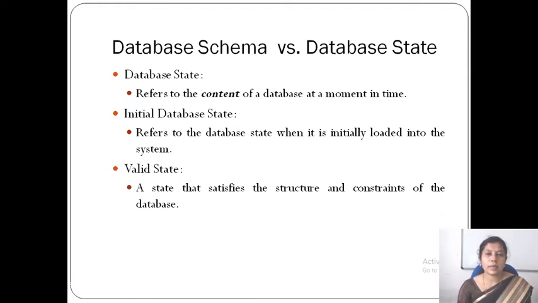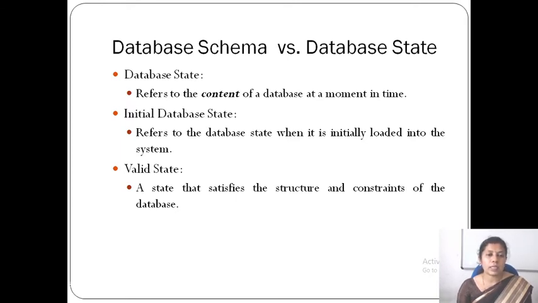Now, database schema and database state: what is the difference between these two? Database state, as I said, refers to the content of a database at a moment in time, and database schema is just the description. Initial database state refers to the database state when it is initially loaded into the system. When you first create the database and insert some information, that is the initial database state.